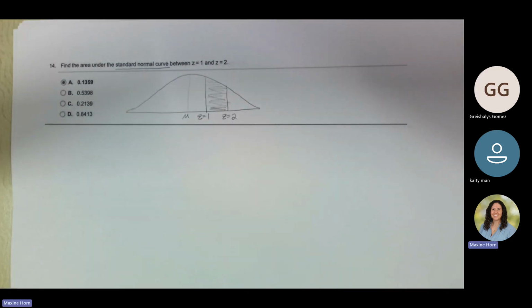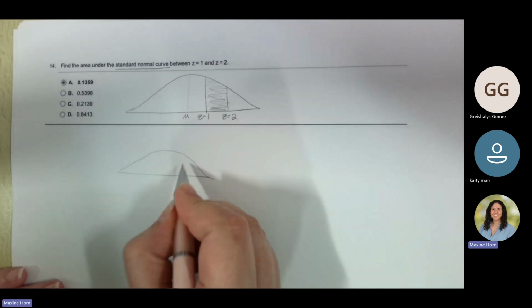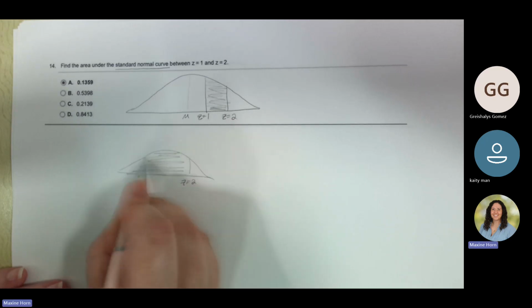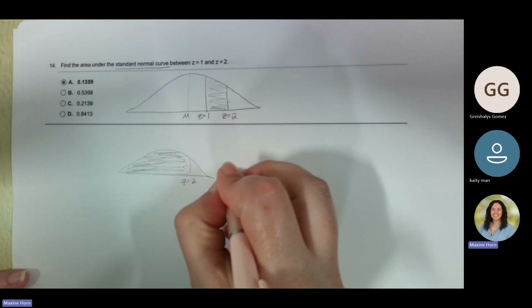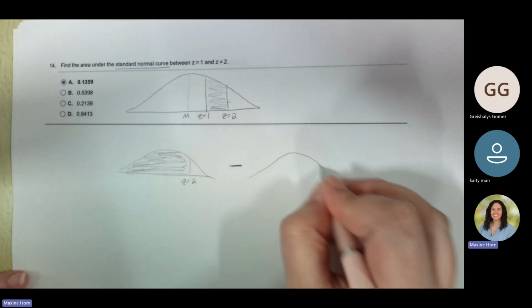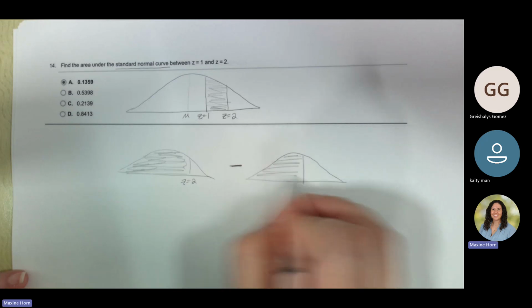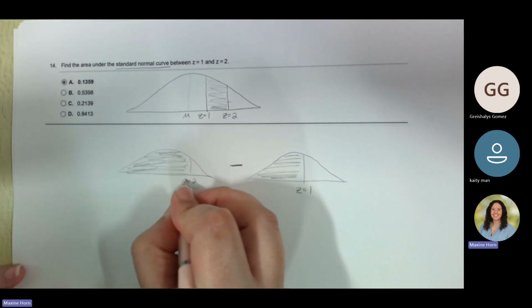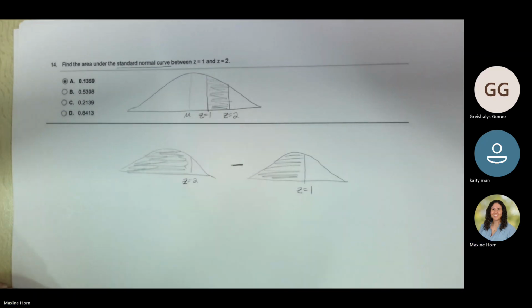Okay, so again, several ways to think of this. If I have the area to the left of z equals 2, and from that I subtract the area to the left of z equals 1, I'm going to get the area in between. Does that make sense?